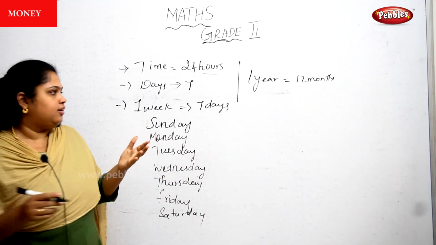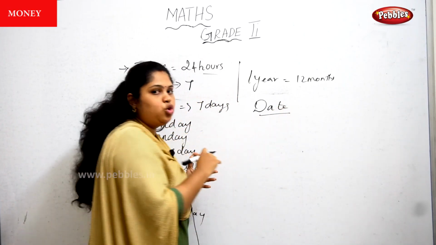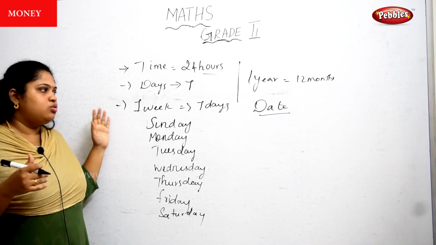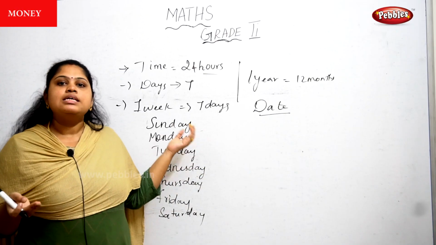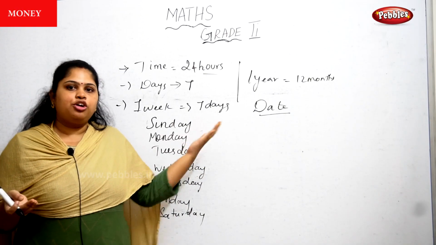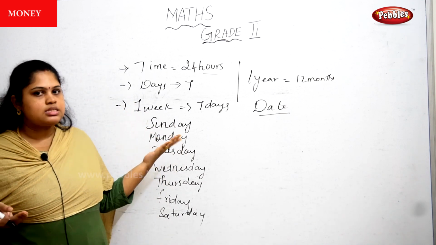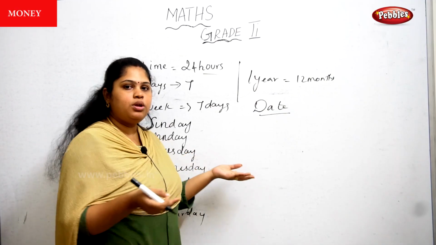Now the date. Date means it's a numerical type of writing. For example, if I say today is Sunday in the month of October, year 2022, I am going to write it in numerical type.